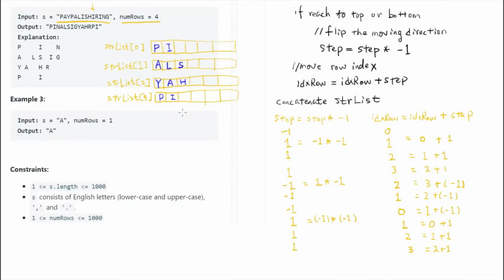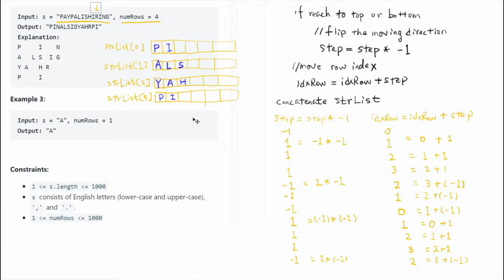It reaches the bottom, so we need to flip the step. Step is equal to 1 times -1 equal to -1. And the row index is equal to 3 plus -1 equals to 2.